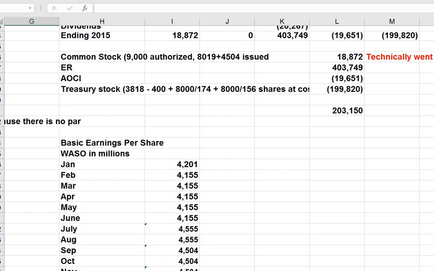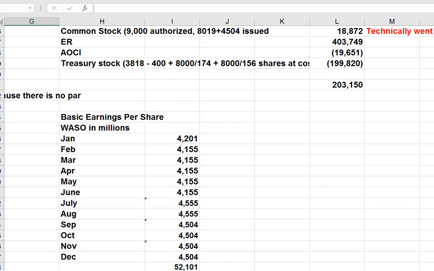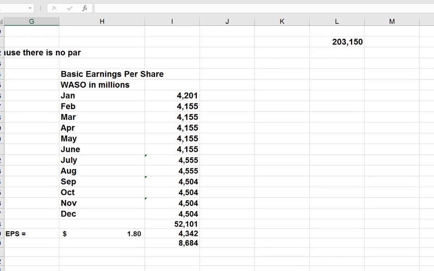And then to calculate basic earnings per share, I showed a little different way than we did in class, where I did every month. I just do this because for some folks it may be easier to see. Each month we just list our whole months to make sure we don't forget anything, and how many shares are outstanding at the end of each month. So we start with 4201, nothing changes.